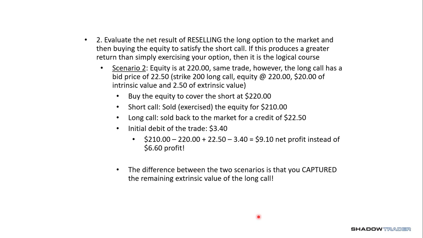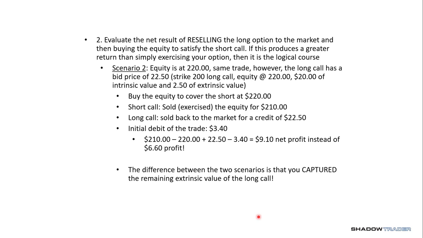You've got to do the math. If this produces a greater return than simply exercising, then that would be the logical course. The equity is at 220, $10 above that 210 price. However, the long call has a price in the market of $22.50: $20 intrinsic and $2.50 of extrinsic.